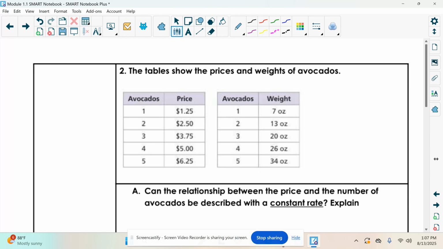We got more tables. This time, the tables we're looking at are avocados to their price and avocados and their weight. So two separate tables.